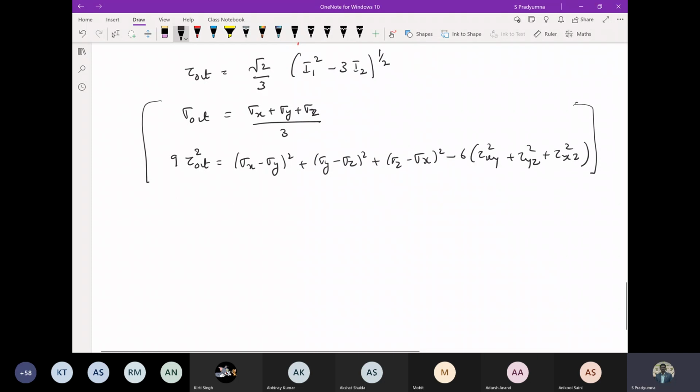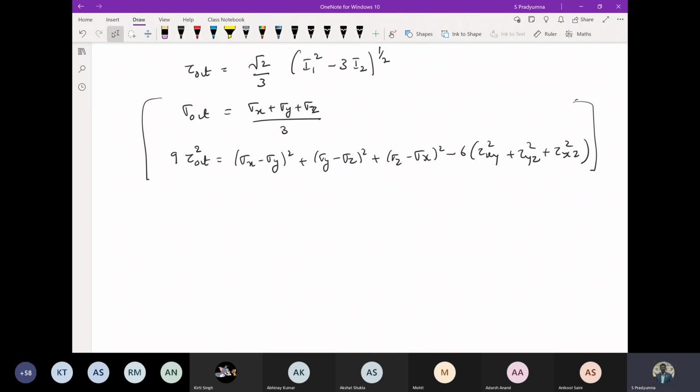Fine. And further, now I can have this state of stress. The state of stress S is given by sigma x, tau xy, tau xz, tau xy, sigma y, tau yz, tau xz, tau yz, and sigma z.